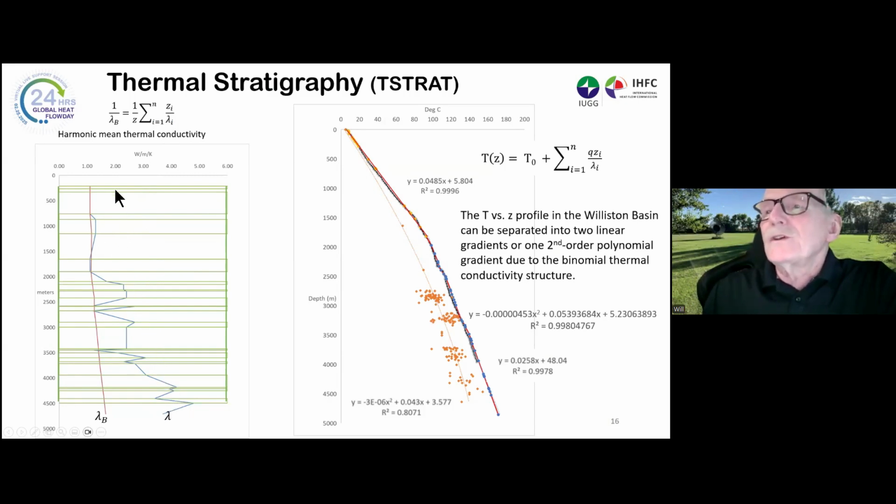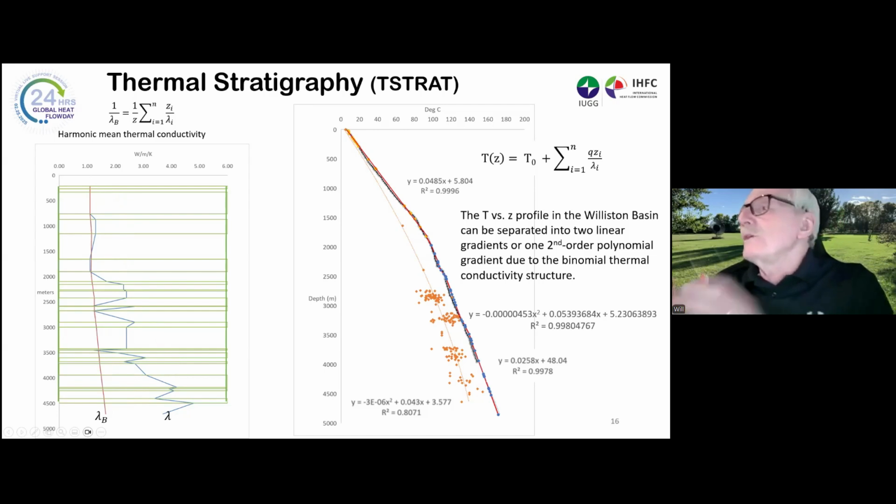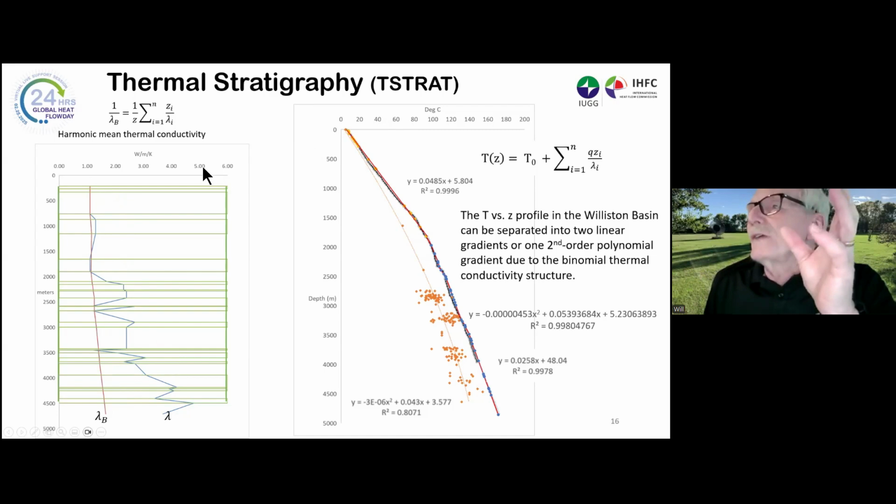And you see low conductivity here, higher conductivity there, calculating the systematic harmonic mean thermal conductivity all the way down, you see it increasing.